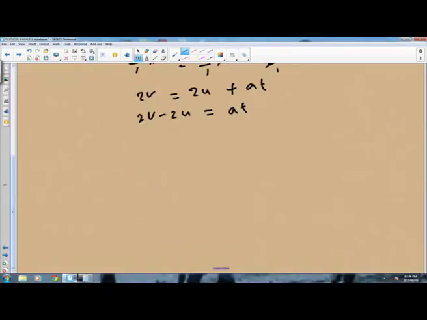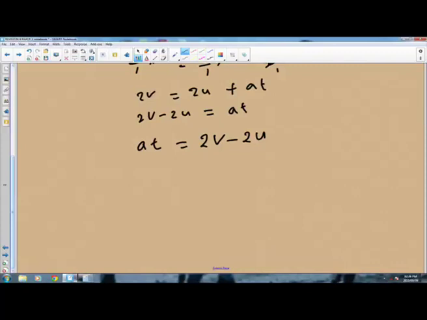We're simply saying AT equals 2V minus 2U. And then we divide by T because we need to make A the subject of the formula. If A is the subject, then only A will remain on one side of the equal sign.